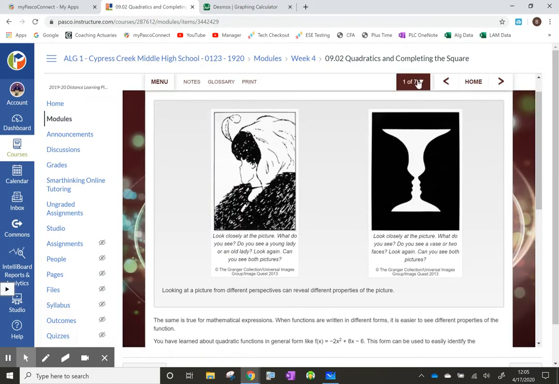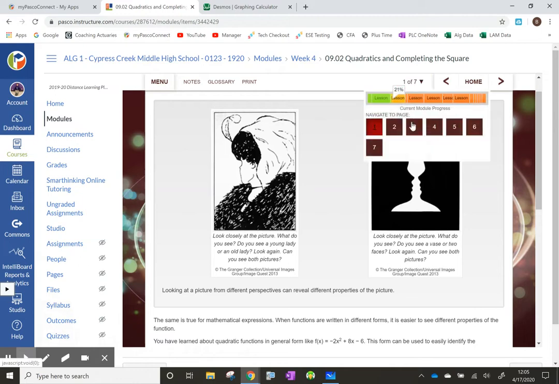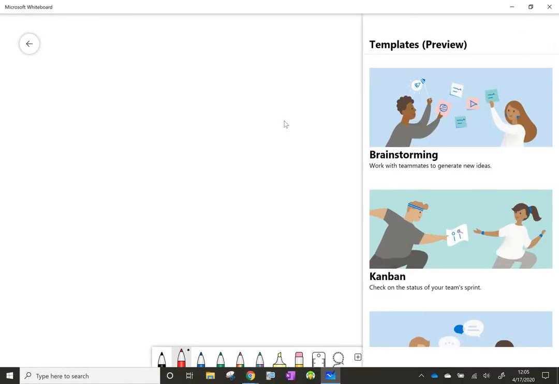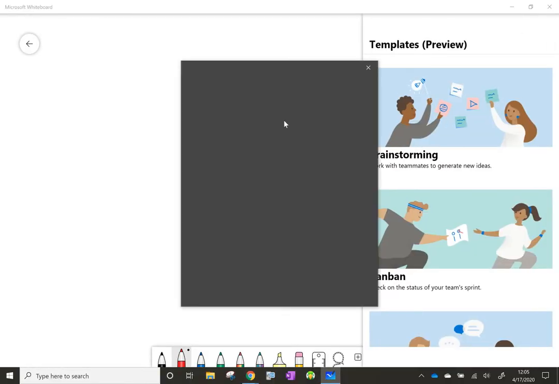So obviously the main thing we're going to look at today is vertex form. Before we get too involved with it, let me quickly explain what vertex form is. In a nutshell, it's pretty simple. It looks like this: y equals (x minus h) squared plus k. Now, h and k are new letters to us, but h and k together make up the vertex.